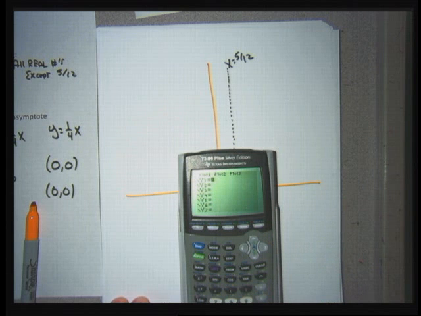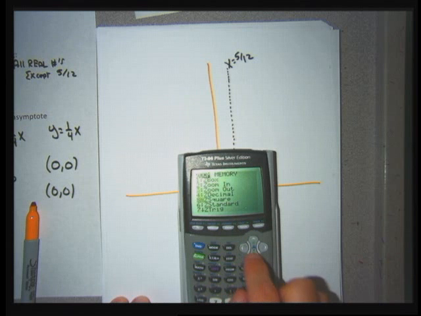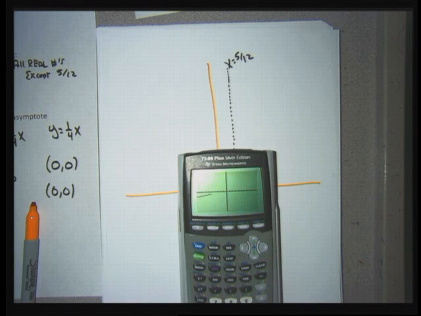So I'm going to go y equals 3x squared divided by parentheses 12x minus 5. Zoom standard to start. And I think I'm going to have to crunch the window. So the 1/4 was nice.